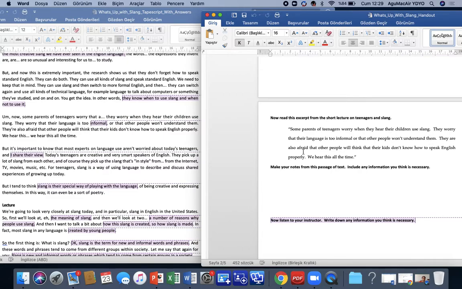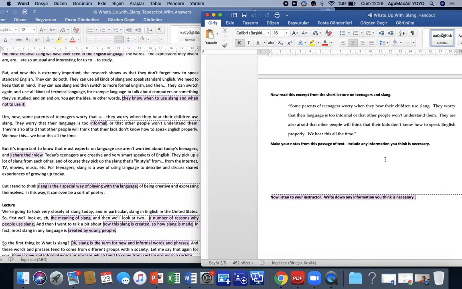They are also afraid that other people think their kids don't know how to speak English properly. You don't have to write their kids, maybe you can write they. After that you can understand these are the kids, and so on, right?